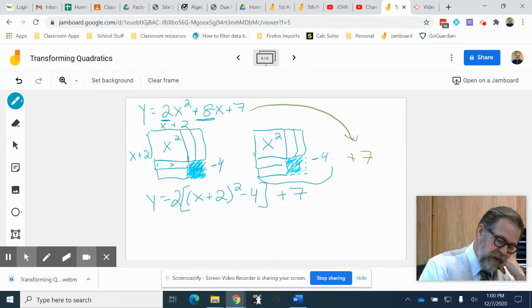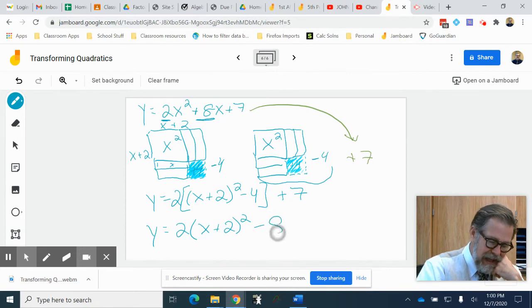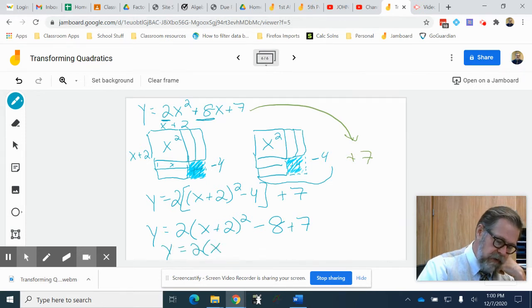And I got a plus 7. Doing a little quick simplification, I've got 2 of these squares, and I've got 8 that I subtracted for balance. Simplifying one step further, I've got 2 times (x plus 2) squared minus 1, which tells me that the vertex of this parabola is at negative 2 comma negative 1, and it has a stretch factor of 2.